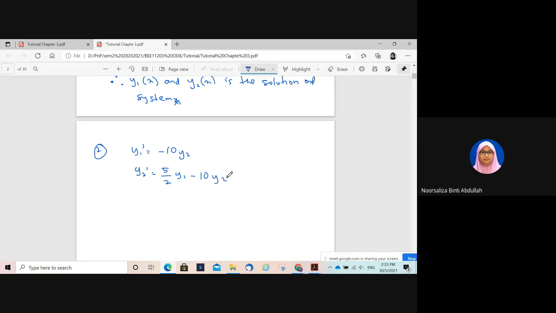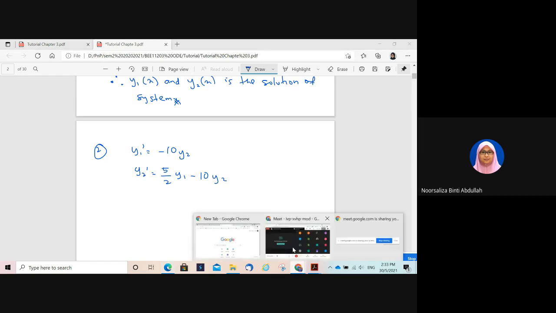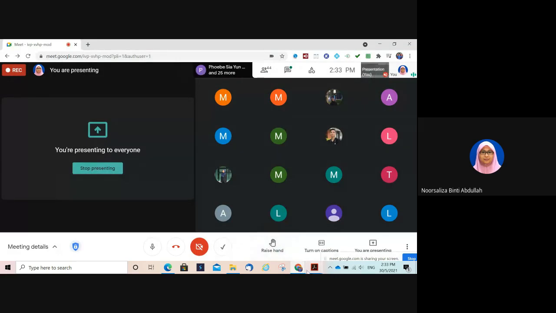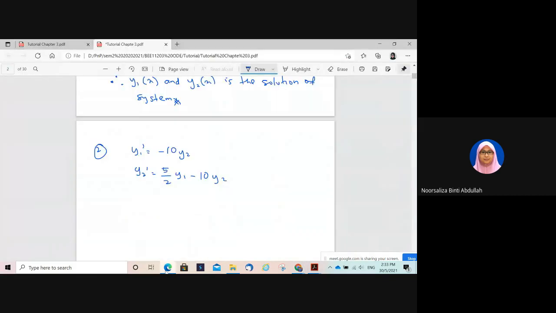Homogeneous, right? Because it has no g at the back. So first step, if homogeneous, you have to find Y, YP or YC? YC. So you have to find YC.